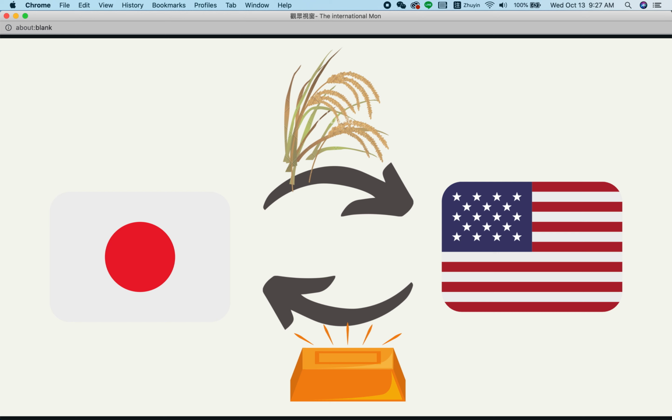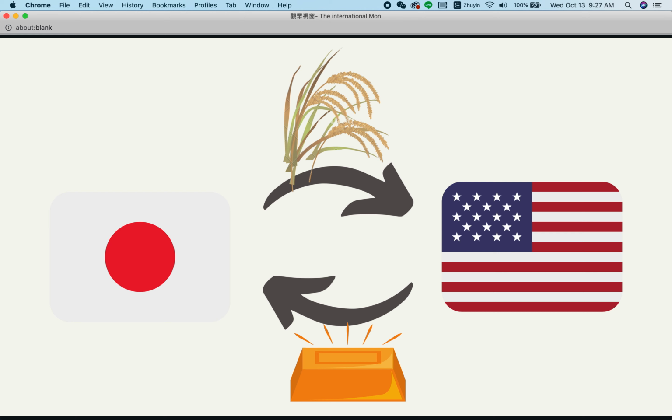The US money supply goes down, while the fall in the price of United States goods will increase demand for these goods. The rise in the price of Japanese goods will decrease demand for these goods.